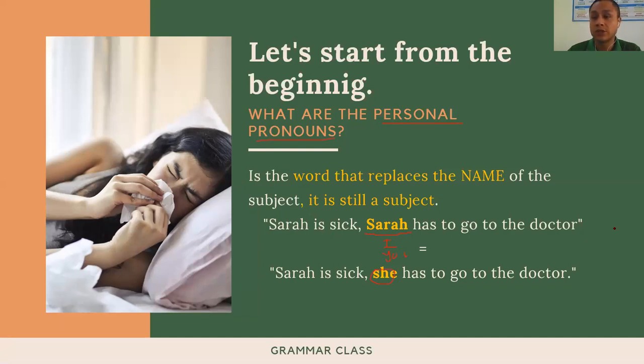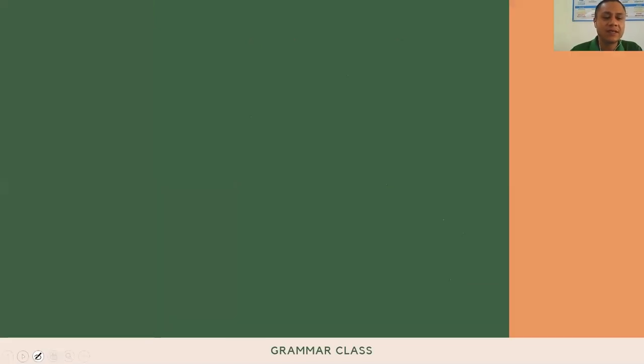Sarah has to go to the doctor. So this is the subject. And the personal pronoun is this. Sarah is sick. She has to go to the doctor. Like I, you, we, they, all those. So clear? Subject is the name. A personal pronoun is I, you, we, they, he, she, and it. Okay, let's continue. Let's go to the next slide.